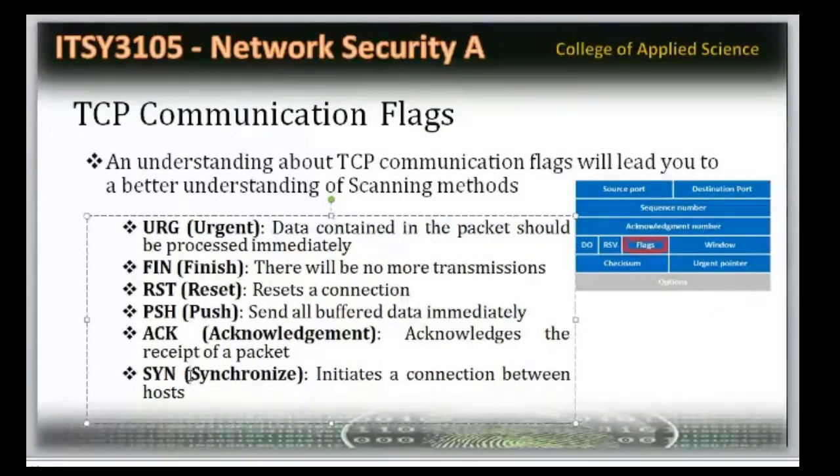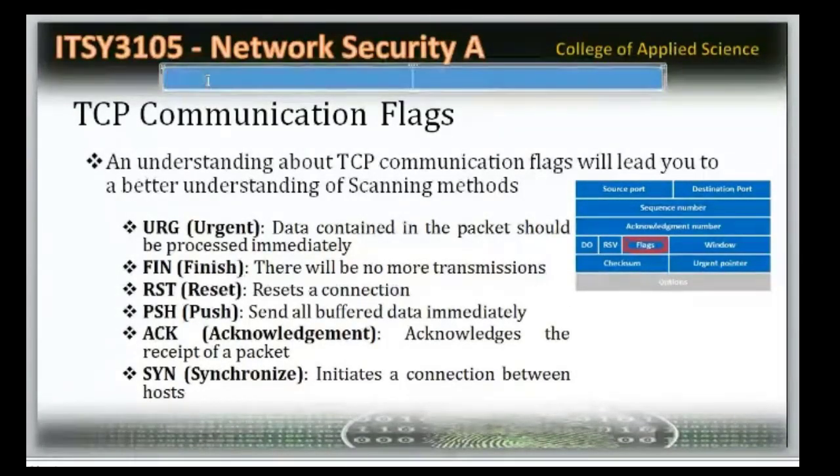Now, the first one, I'm going to start from here, is called the sync flag. Then the acknowledgement flag, push flag, reset flag, finish flag, and urgent flag. Look at the screen carefully.